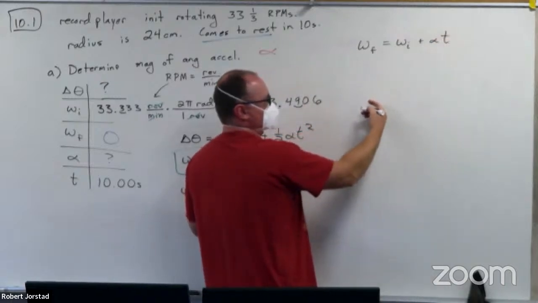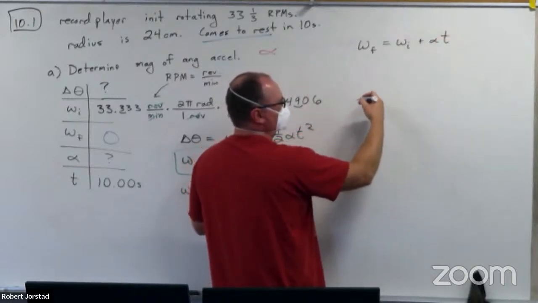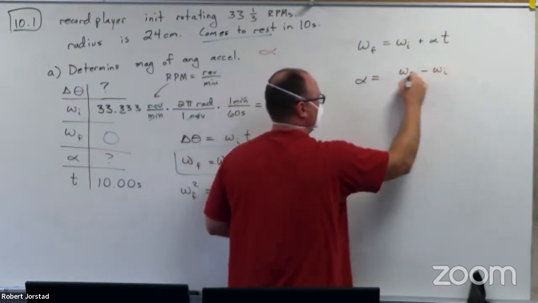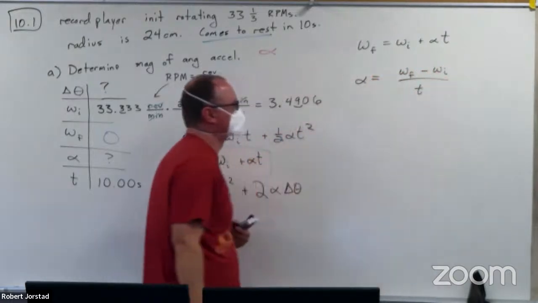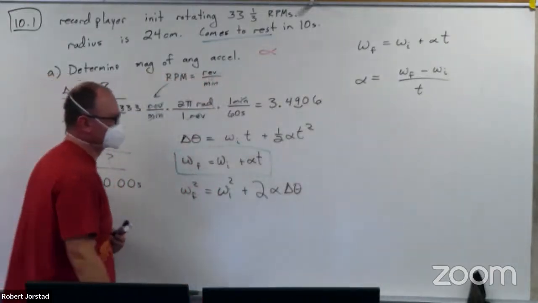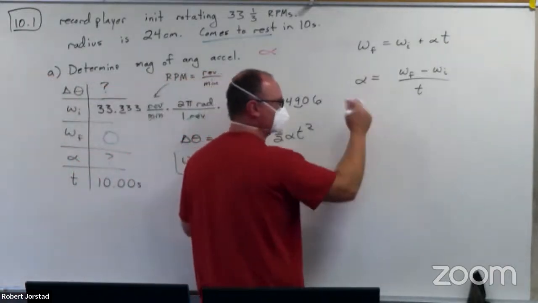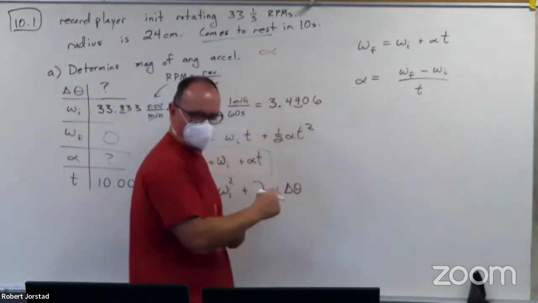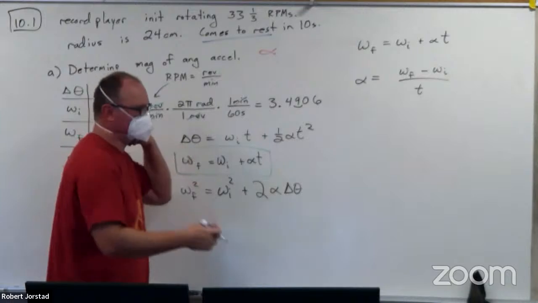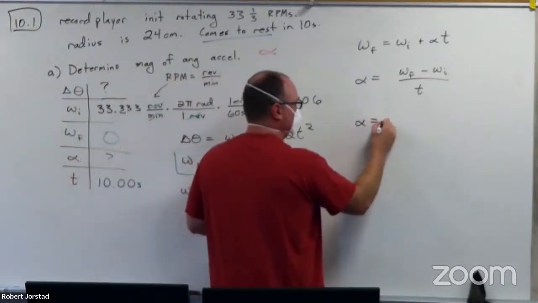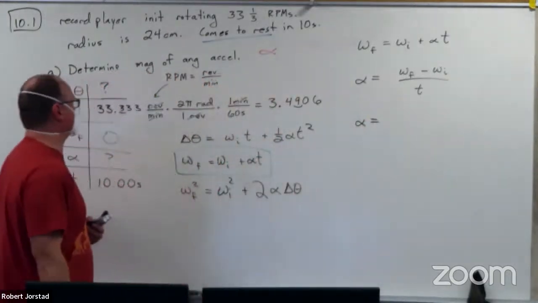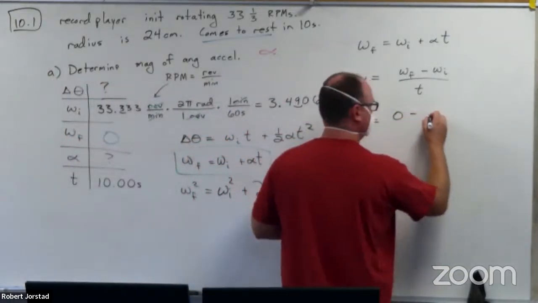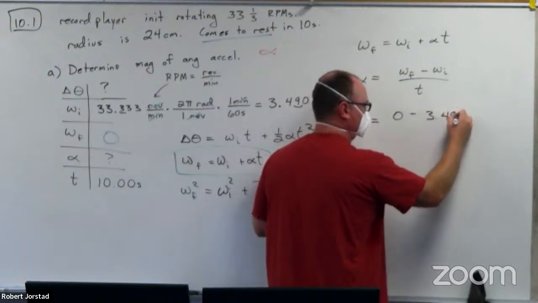Let's solve for this algebraically because it's pretty easy at this point. Then plug in. We can check the units. Looks great. Radians per second divided by seconds. That's radians per second squared. The units check. Looking good. What do we get? Omega final is 0 minus 3.4906.